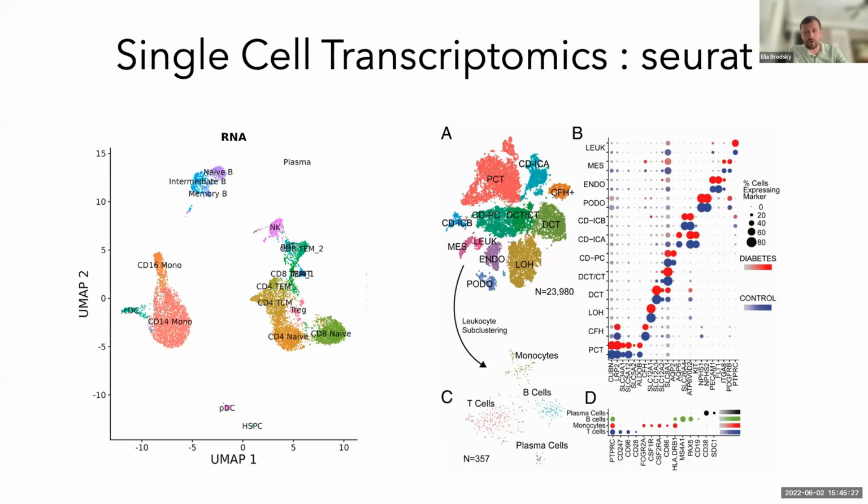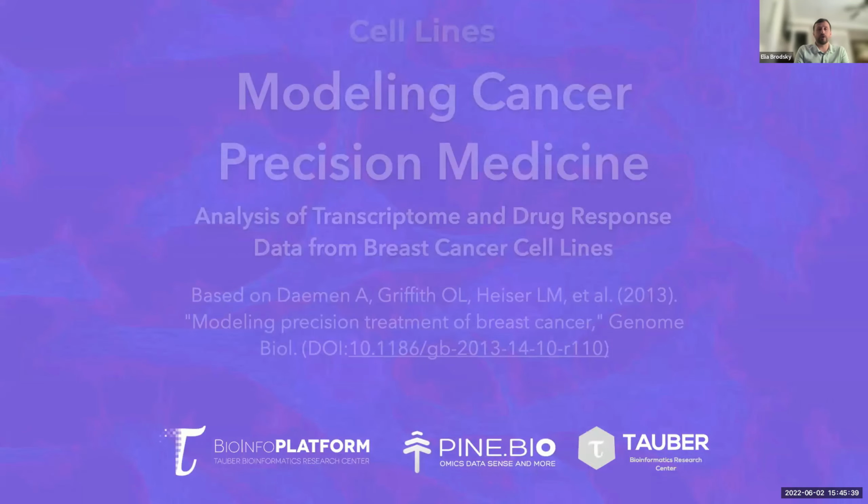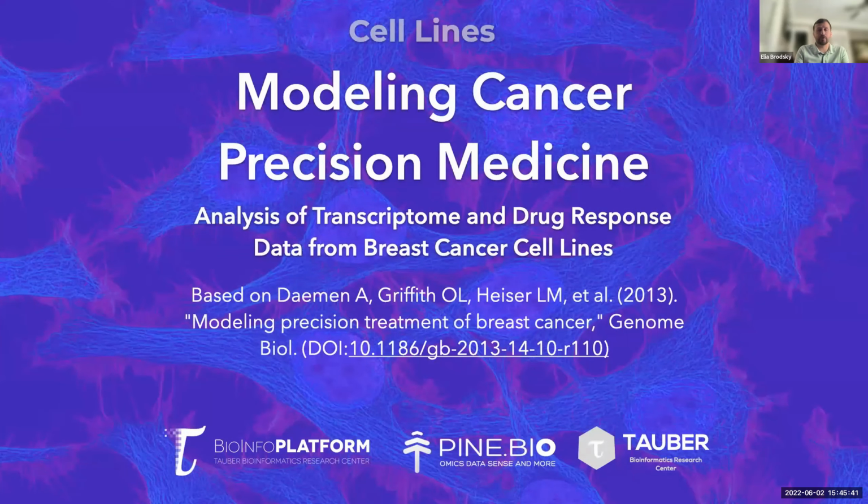Now, all of these are going to be given in the context of several different project examples. We'll talk about patient-derived xenograft models, where we will compare tumor and the microenvironment. We will talk about immune cells and the ability to understand different subtypes of cancer.